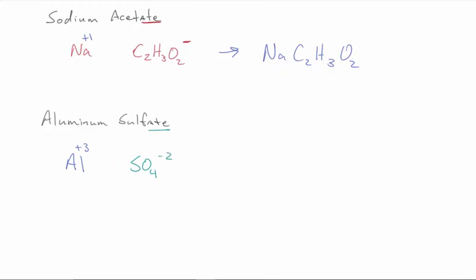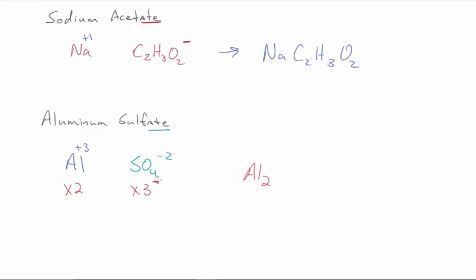Now I'm going to balance out these charges. And this is why the shortcut method kind of confuses us sometimes when we start getting to these polyatomics. So now I see I've got a net +3 and -2. I know my least common multiple there is 6. So I'm going to multiply. I need 2 of those, and I need 3 of those. So when I come over here, I'm going to write Al2, but now I can't change this subscript, because if I change it to something different, it's no longer sulfate.